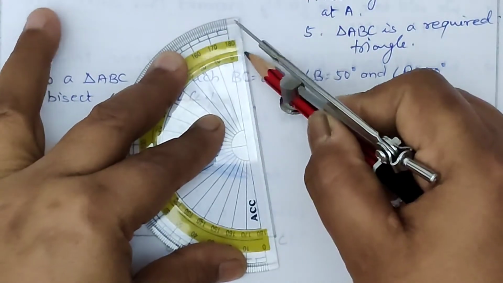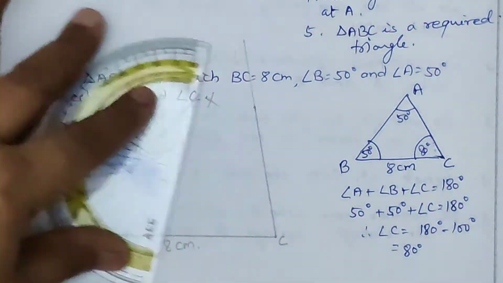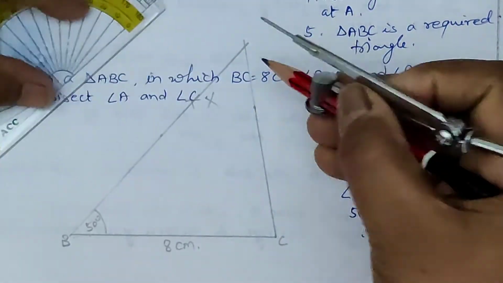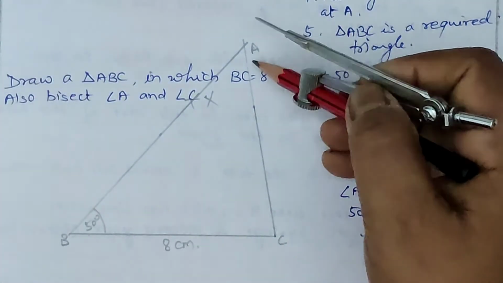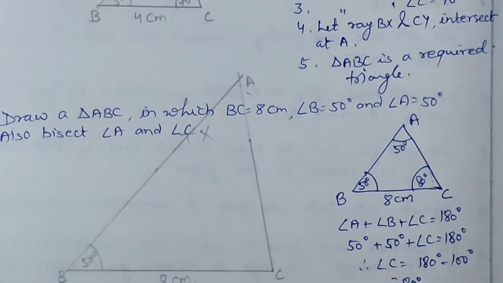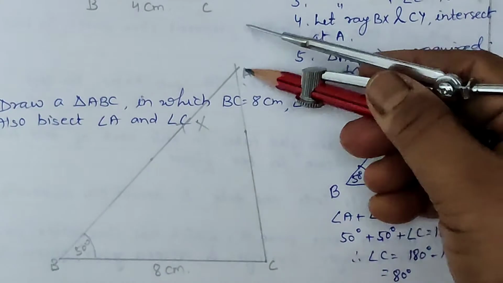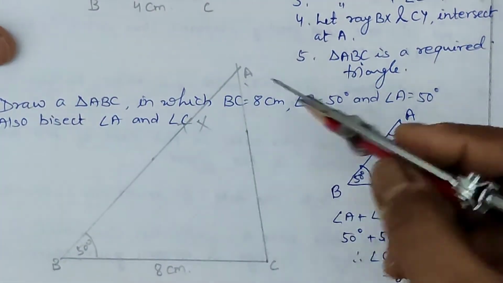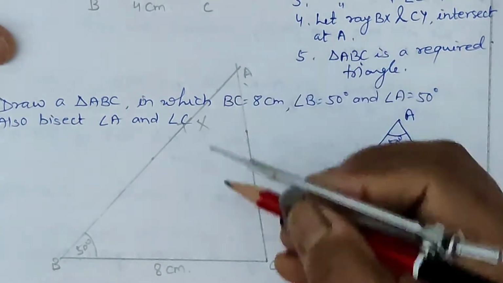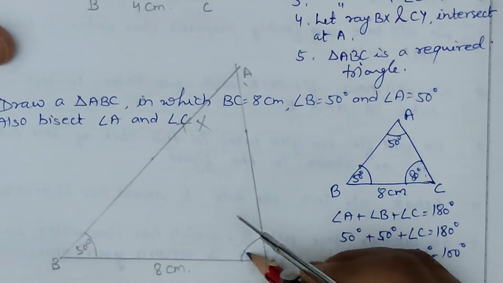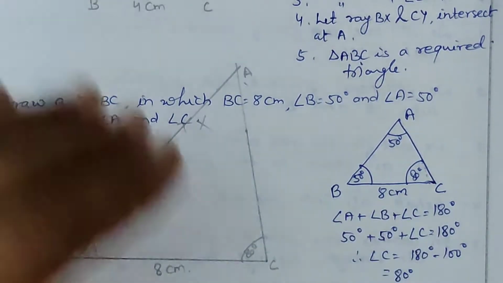Make an angle of 80 degree and intersect this line. This is the point A. Okay, this is the point A. Bisect angles A and C. This is the angle A and angle C. Angle C is 80 degree. How to bisect an angle?